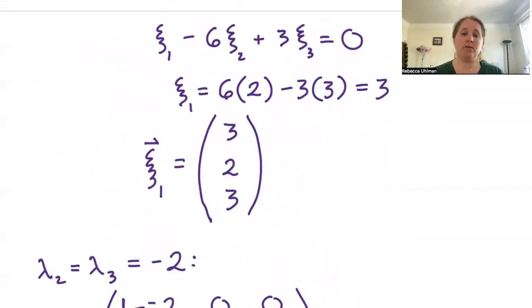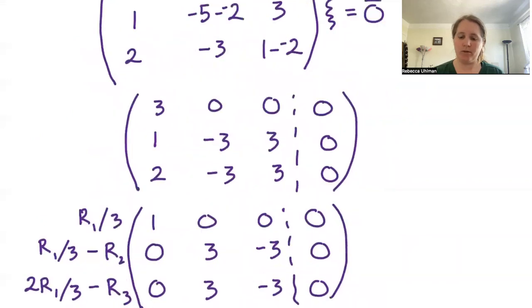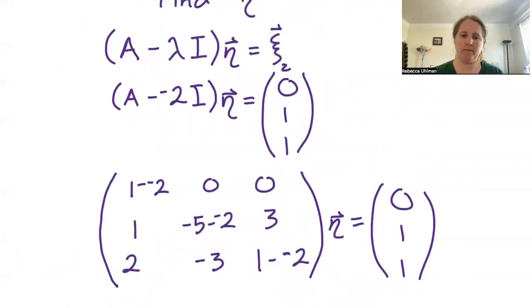Yes, xi1 was 3, 2, 3. You could come up with any scalar multiple of that and it will still be completely correct.